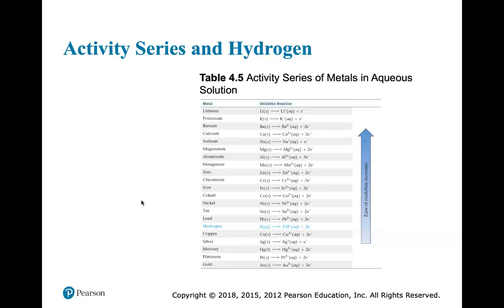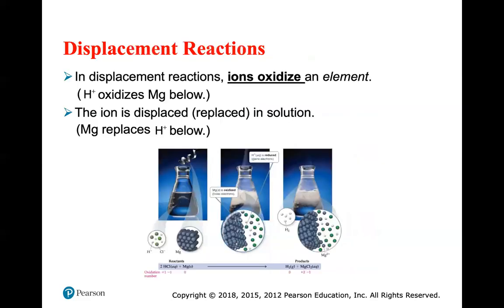Magnesium, if we go back to this example here, why do we say that the reaction will take place to produce hydrogen gas and magnesium chloride? Of course, it's balanced. It is based on the activity series.